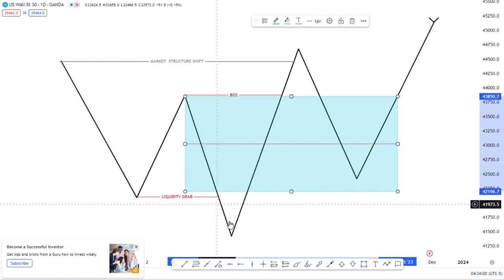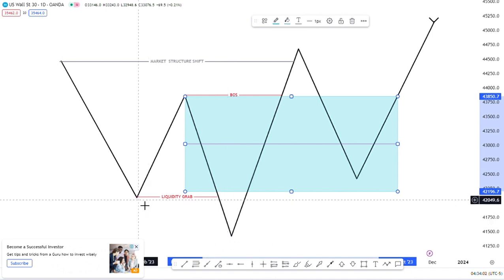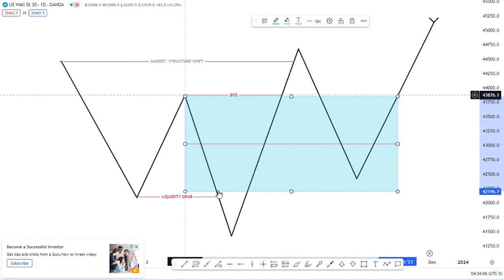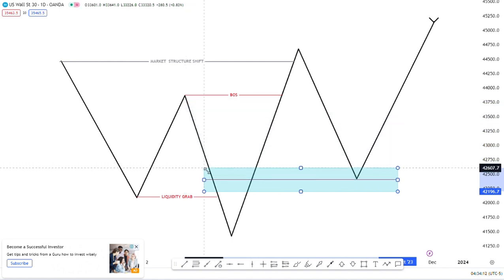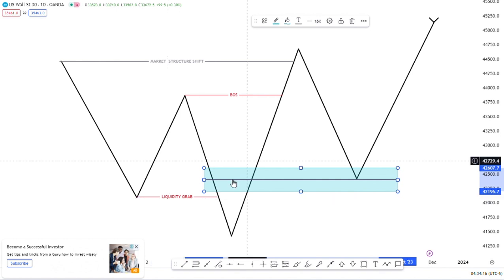It needs to occur before this low was broken. So our breaker can be from here and here. When you refine it, you use a 50% or the last down candle here before it broke this low. That's essentially what a breaker block is.